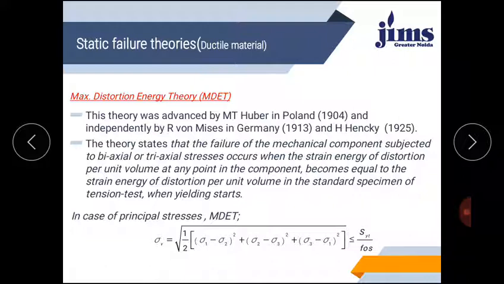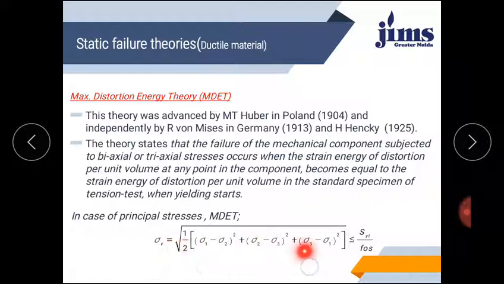SYT is the material strength in tension, and FOS is the factor of safety. So in any case, von Mises stress should not be greater than SYT upon FOS, otherwise your component may fail. And how can we calculate the von Mises stress?